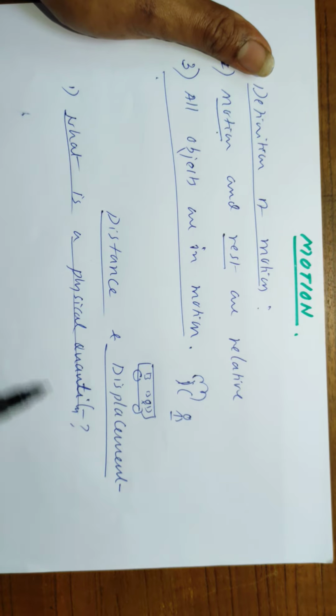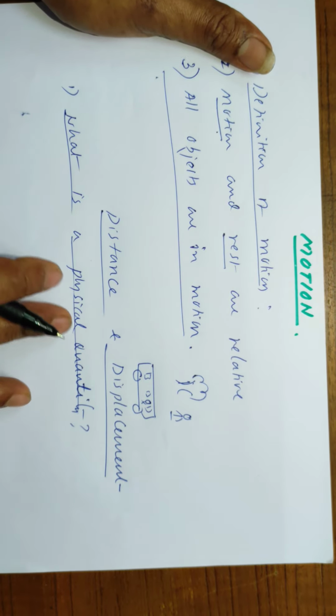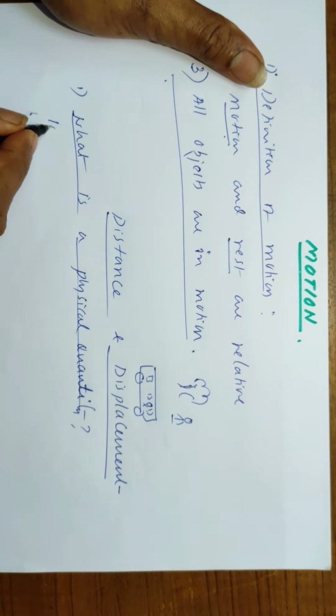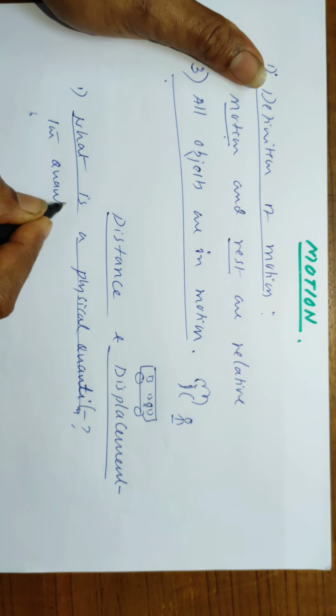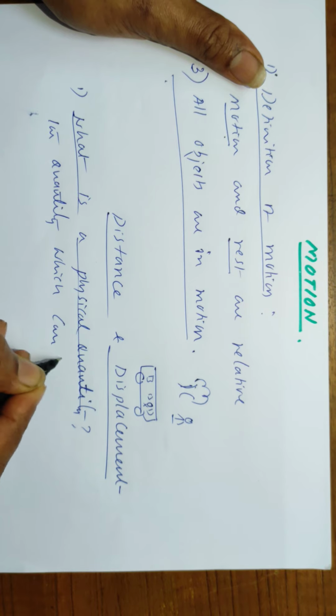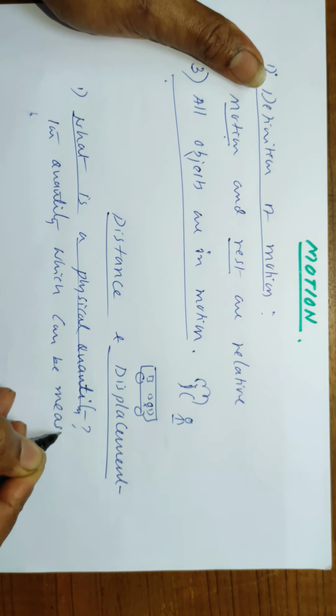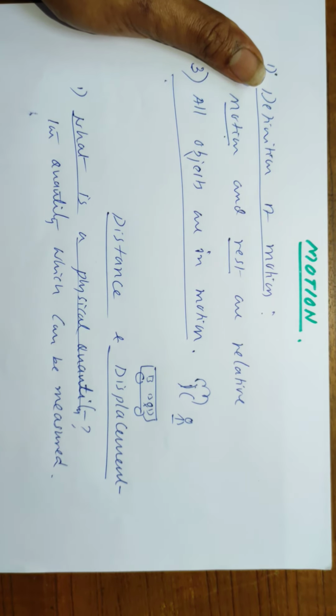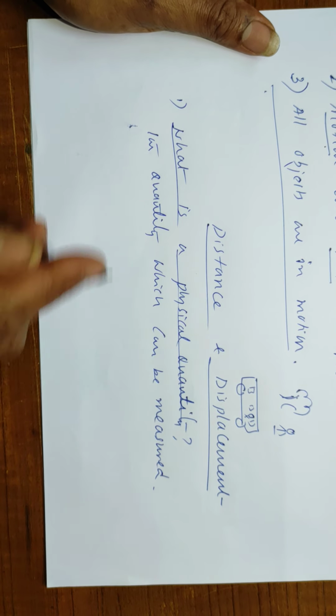A physical quantity is nothing but the property which can be measured. The quantity which can be measured is called a physical quantity.